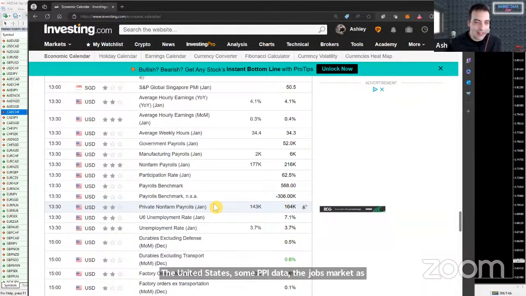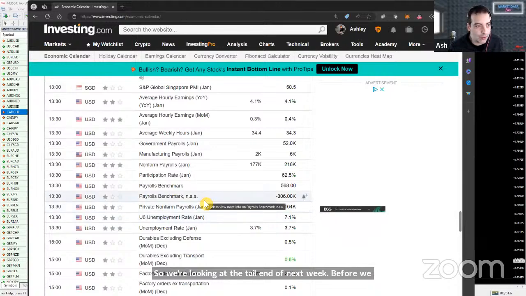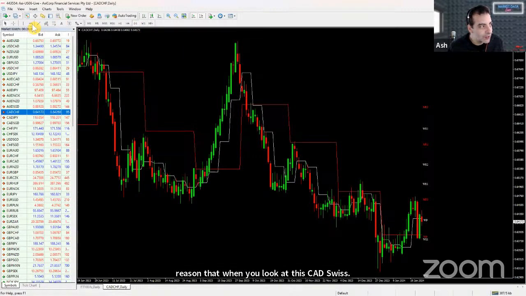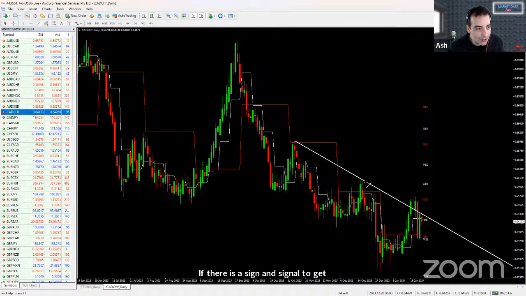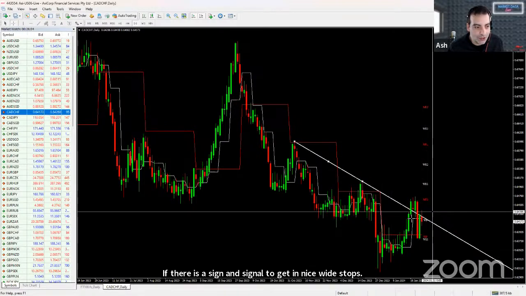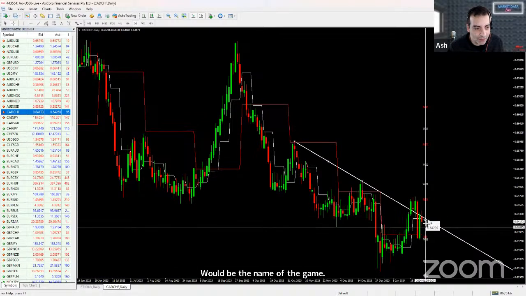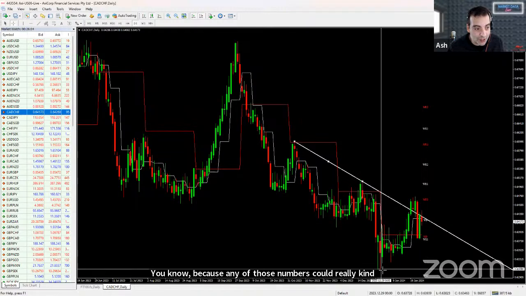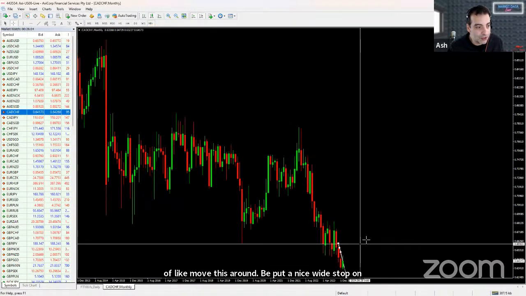So we're looking at the tail end of next week before we get a really good feel, which is another reason that when you look at this CAD Swiss, if there is a signal to get in, nice wide stops would be the name of the game. Because any of those numbers could really move this around. But you put a nice wide stop on the bottom and look for this to be the low of the move. If it's not, it's not.